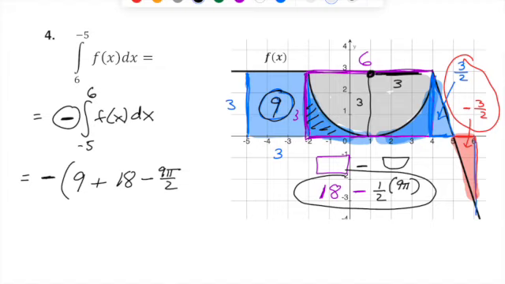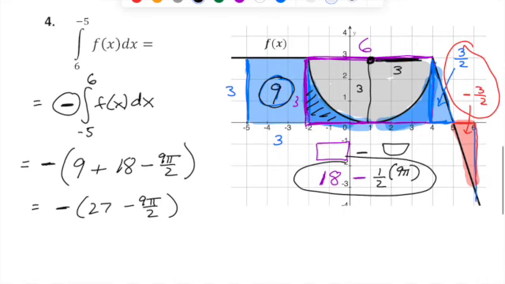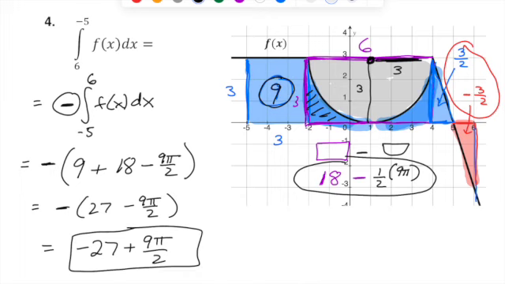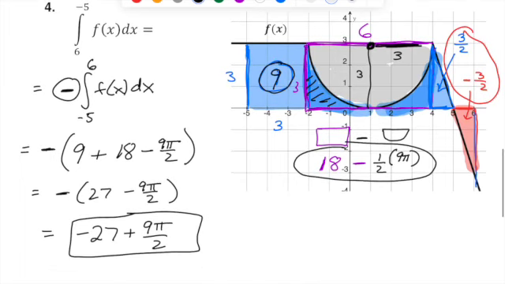And then on the end, it would be plus 3/2 minus 3/2, so they cancel each other out. I'm not even going to bother with them. So just be careful here. This is 27 minus 9 pi over 2. But then we're taking the opposite of the whole thing because that was out of order. So that's -27 plus 9 pi over 2, or 9 pi over 2 minus 27, however you want to say it.